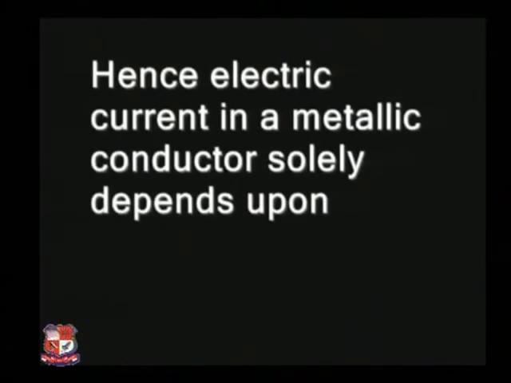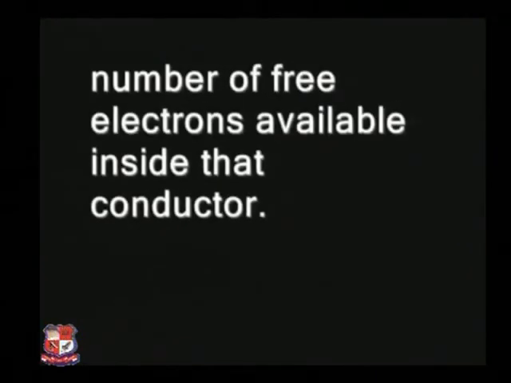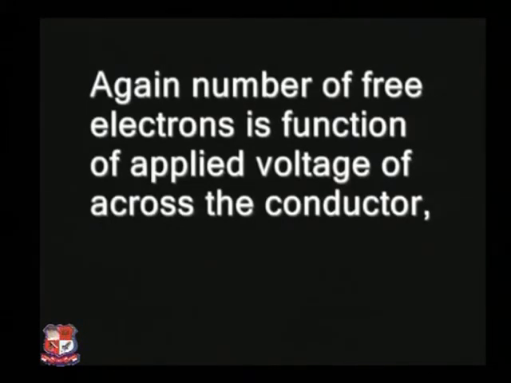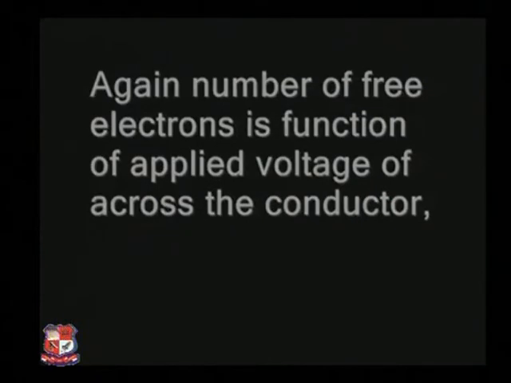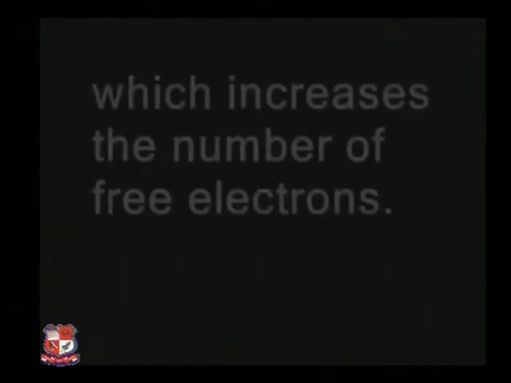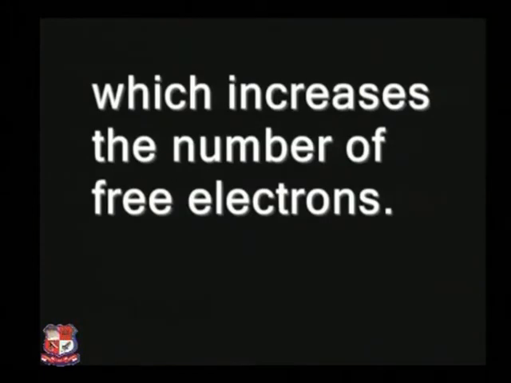Hence, electric current in a metallic conductor solely depends upon the number of free electrons available inside that conductor. Again, the number of free electrons is a function of the applied voltage across the conductor. As we increase the voltage across the conductor, electric field strength will increase, which increases the number of free electrons.